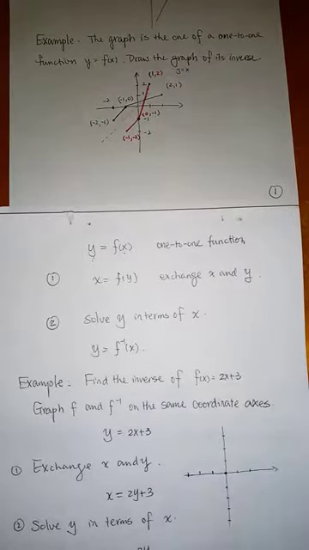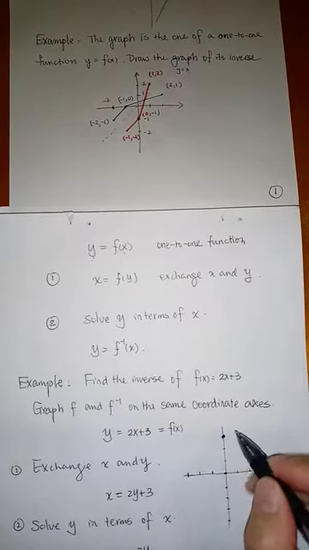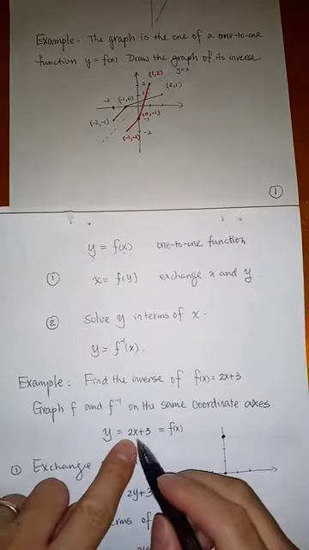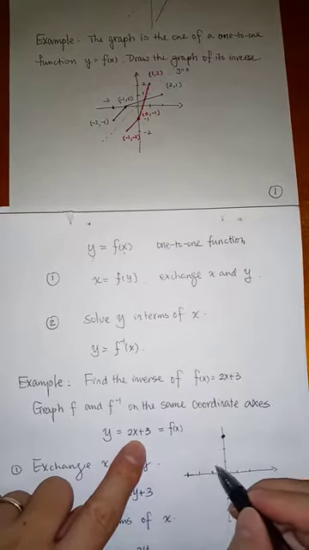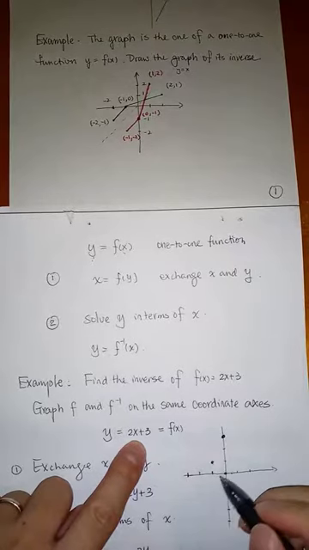Okay, let's see. First, let's graph f(x). When x is 0, y is 3. This point, (0, 3). When x is negative 1, negative 1 times 2 is negative 2. Negative 2 plus 3 is 1. Okay, this point.